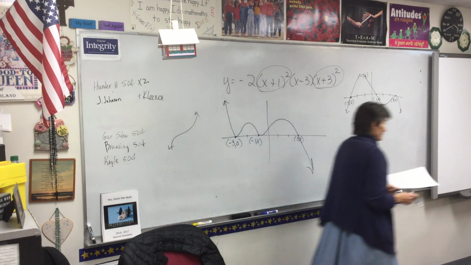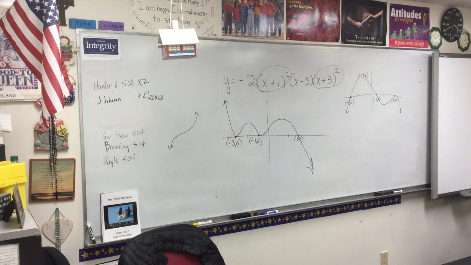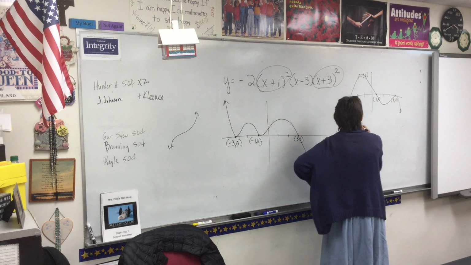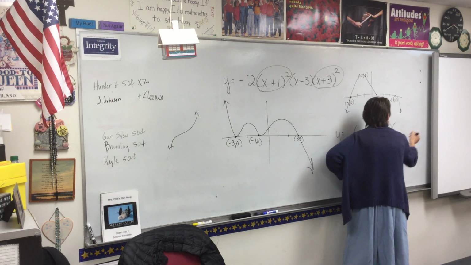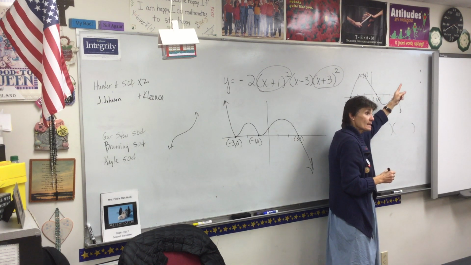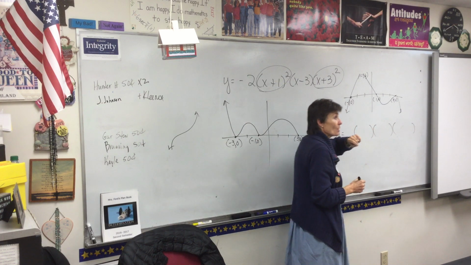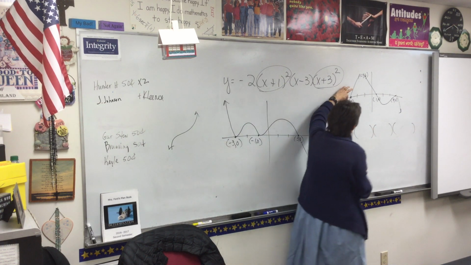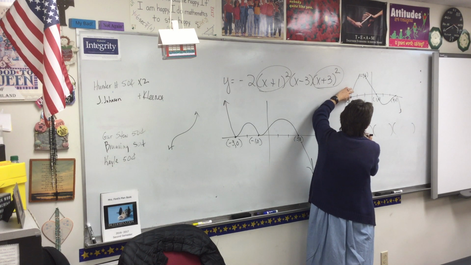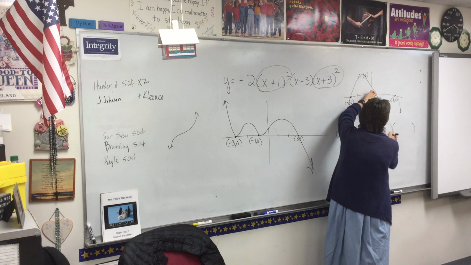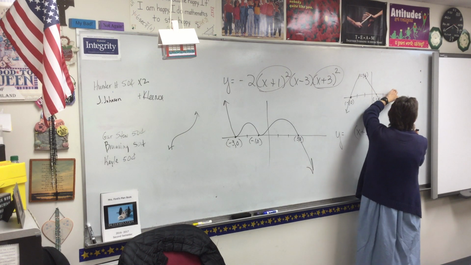All right, who remembers how we start? We got to start by writing the factors, or the parentheses, right? There are 1, 2, 3 x-intercepts, so there's 3 parentheses. And in those parentheses will be x plus 3, x minus 1, x minus 4.